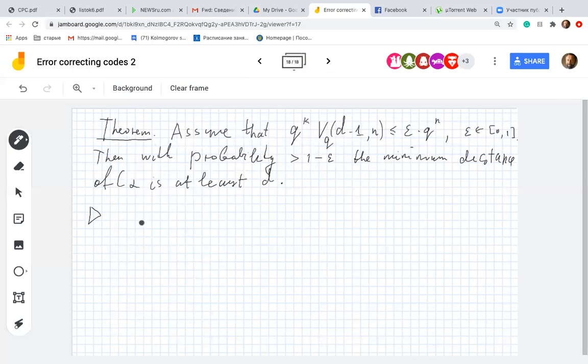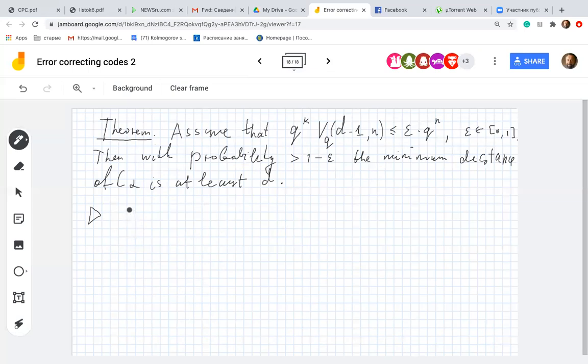Okay. Now we need to prove. First of all, it is worth rewriting the assumption using the fact that n is 2 times k.